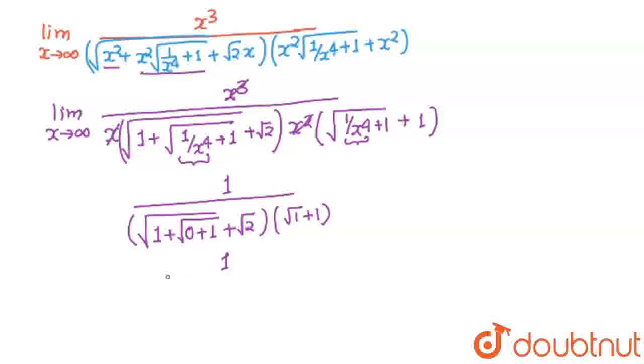So this will be 1 upon square root 2 plus square root 2, 2 root 2 into 2. This term is 2. So this will become 1 upon 4 root 2. Answer.